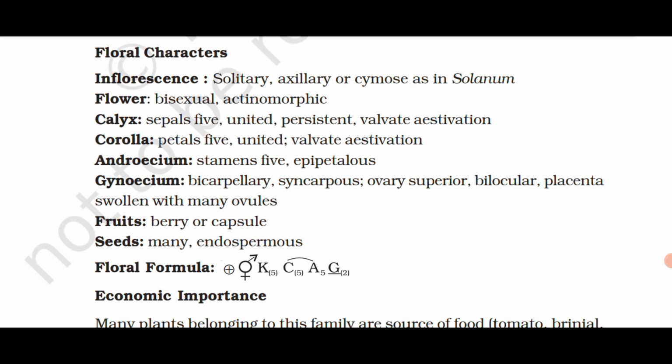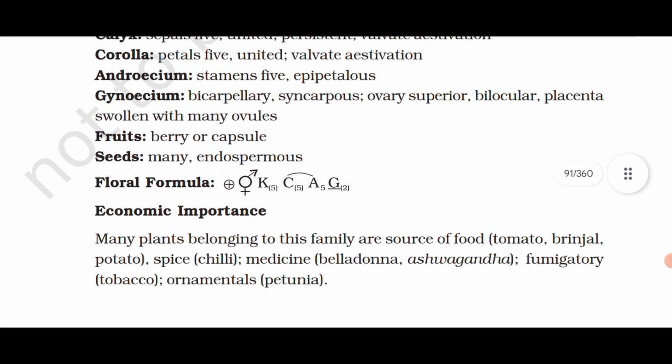Gynoecium bicarpellary, syncarpous, ovary superior, bilocular, placenta swollen with many ovules. Fruits berry or capsule. Seeds many, endospermous. Floral formula: plus sign, bisexual, K(5), C(5), A(5), G(2).